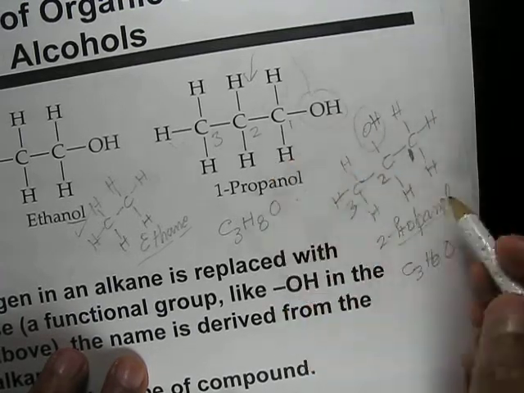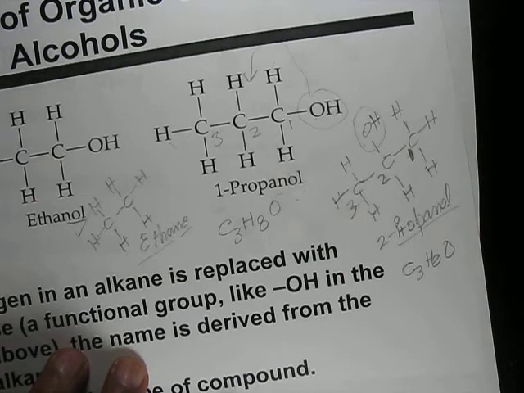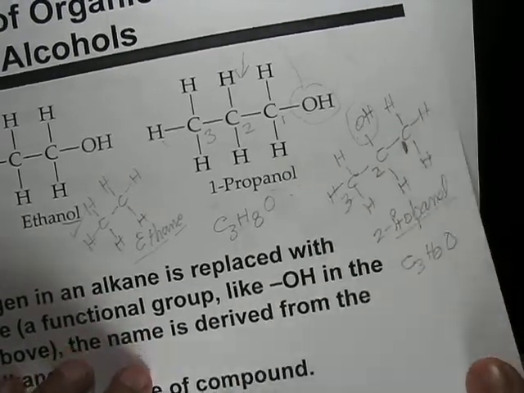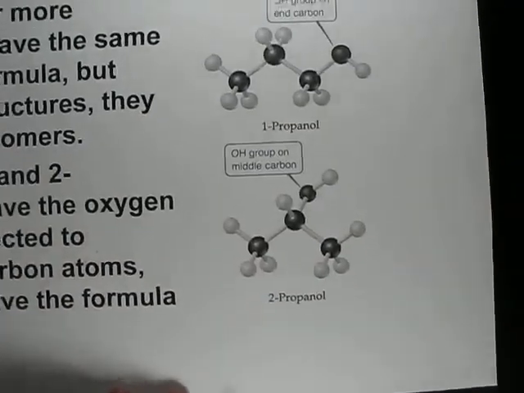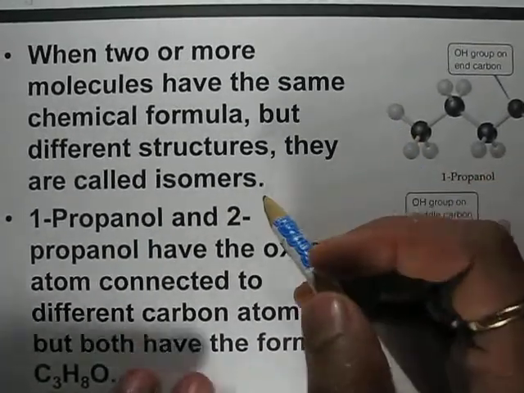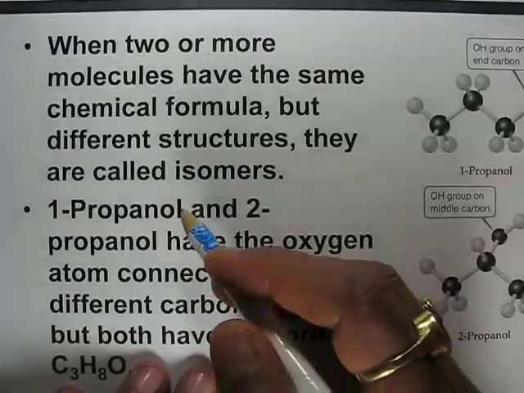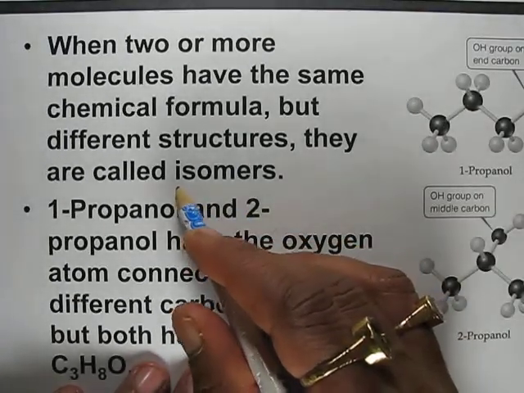So both 1-propanol and 2-propanol have the same chemical formula, only the functional group position differs. So these two are called isomers. They are isomers of each other.